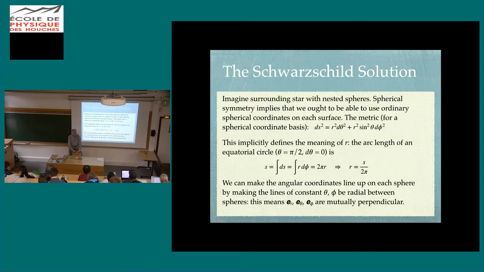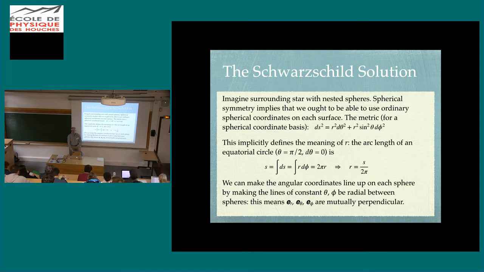And so my r coordinate is a circumferential coordinate. If you measure the circumference of the circle, divide by 2 pi, that's what you say r is. Now, in ordinary Euclidean geometry, that would be the same as radius. In Schwarzschild geometry, it's not the same as radius. R is not a radial coordinate.